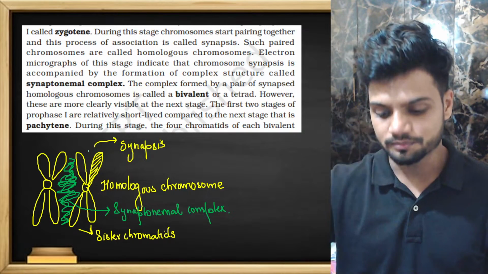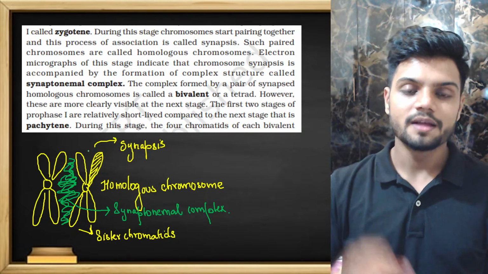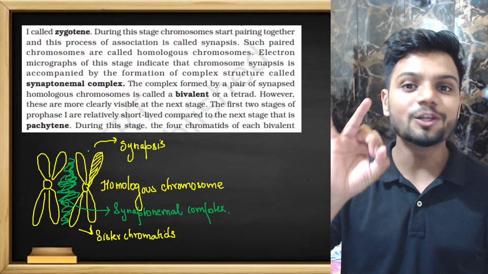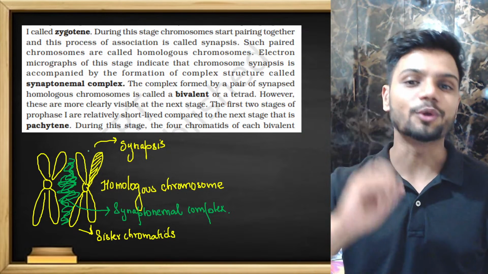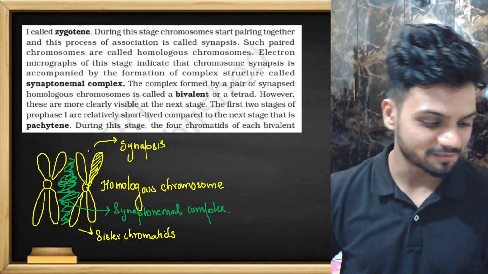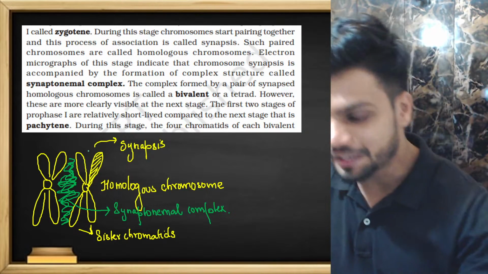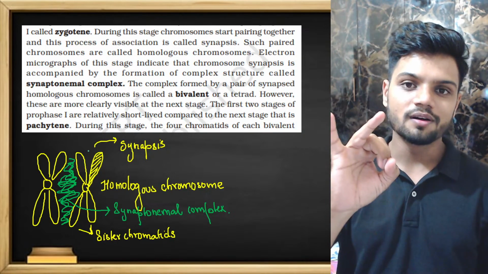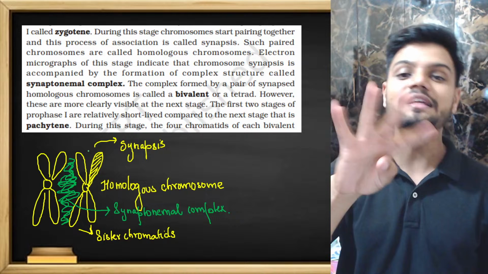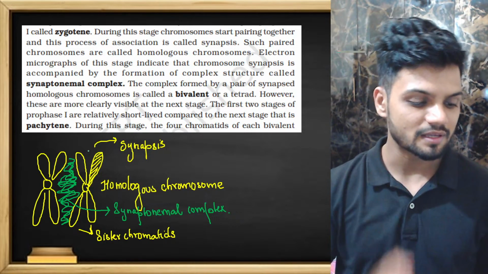Then I'll ask you one more. What is the difference between centromere, telomere, centrosome, and centriole? Let's see how many of you can tell. Tell me the difference in the chat.